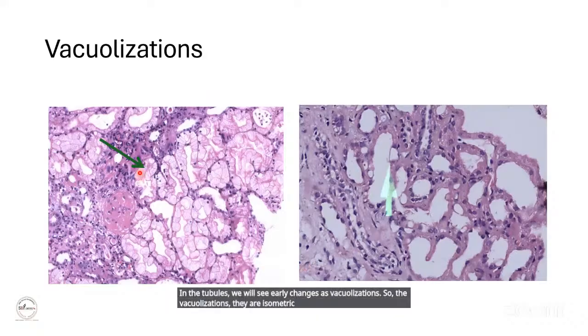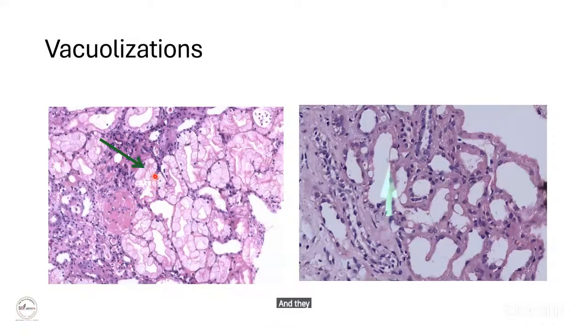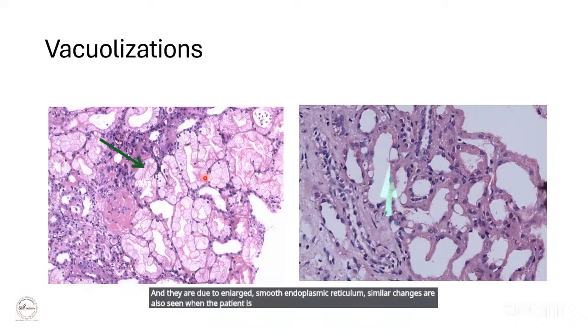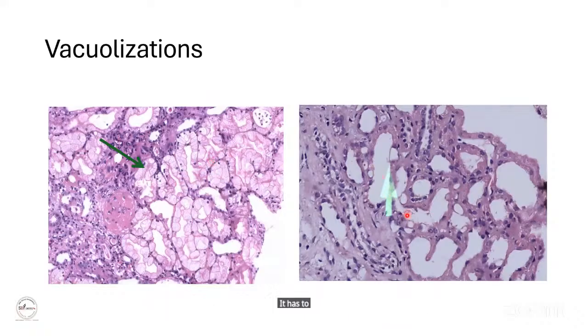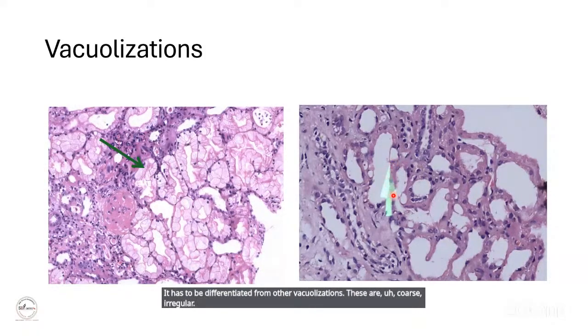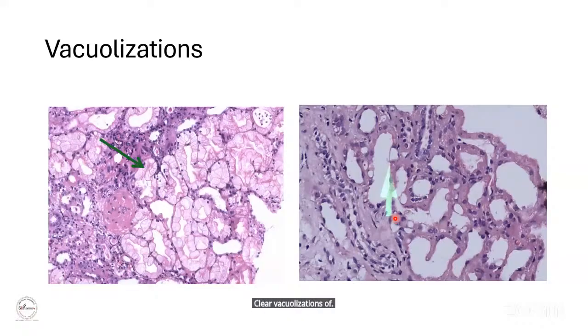The tubular epithelial cells show isometric cytoplasmic vacuolizations and they are due to enlarged smooth endoplasmic reticulum. Similar changes are also seen when the patient is given mannitol or IVIG. So that has to be ruled out and it has to be differentiated from other vacuolizations. These are coarse, irregular, clear vacuolizations of hypokalemic nephropathy.